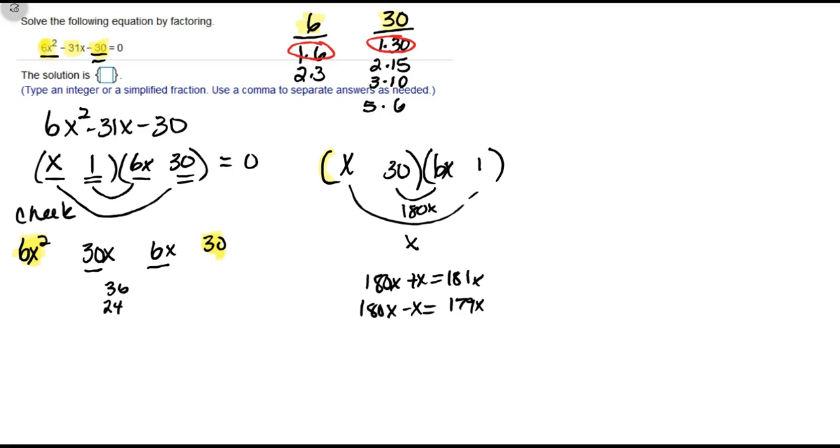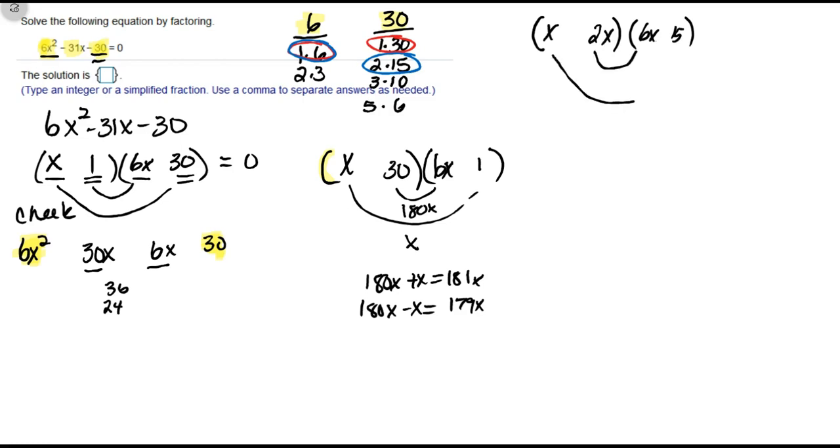Okay, so now we've eliminated that pair going together. So we'll try another pair. So I'm going to move on to now trying 1 and 6 with 2 and 15. So I have x and 6x and 2x and 15.